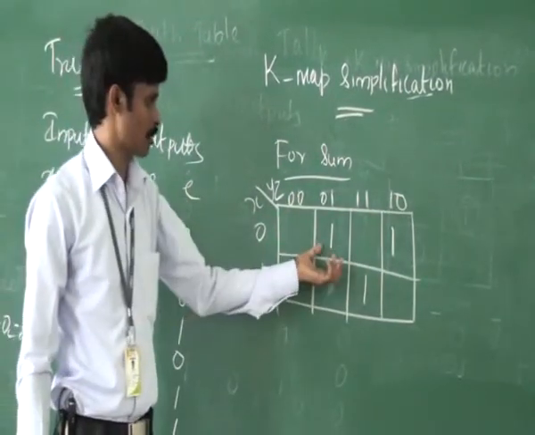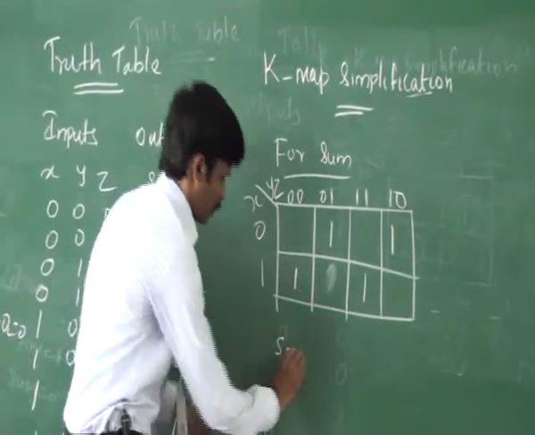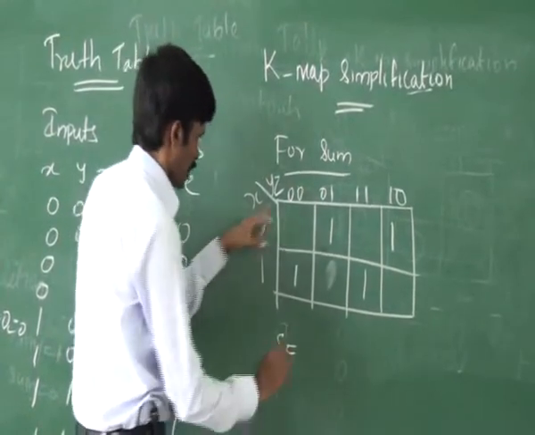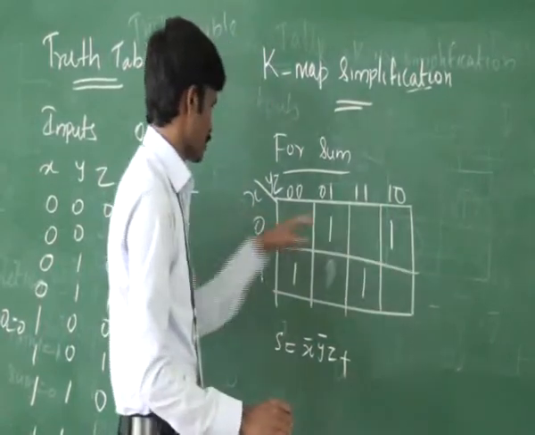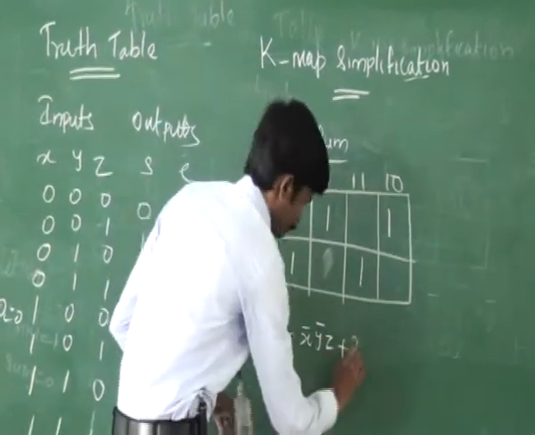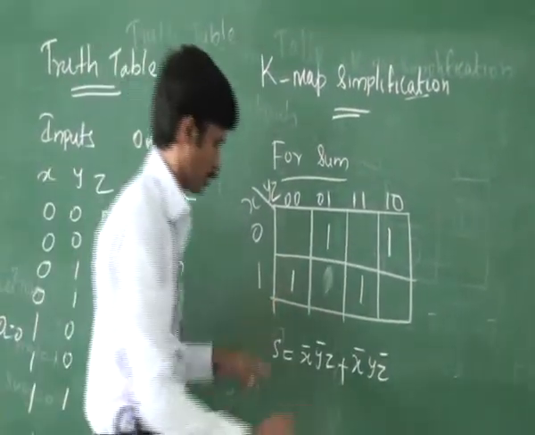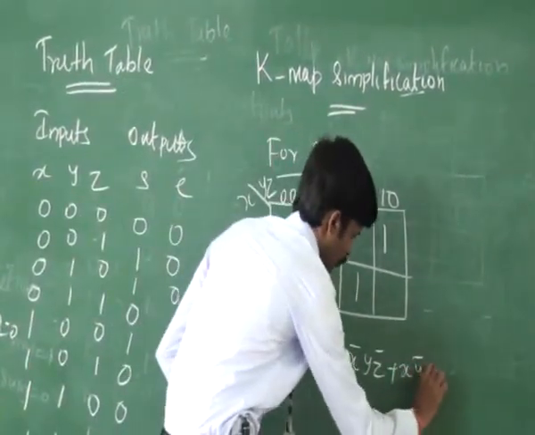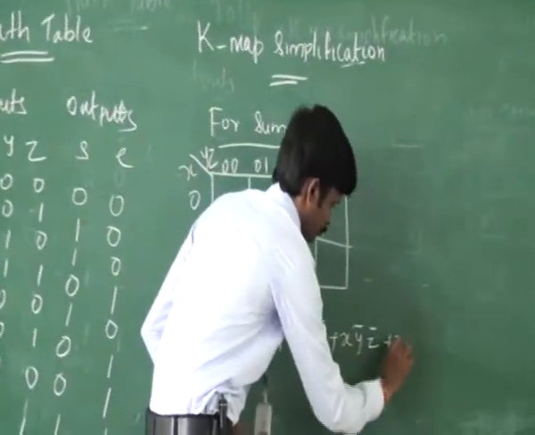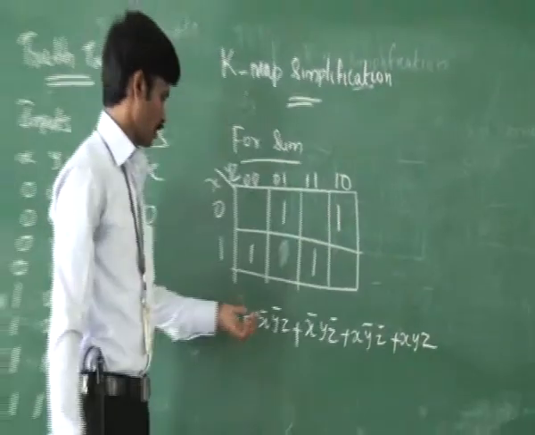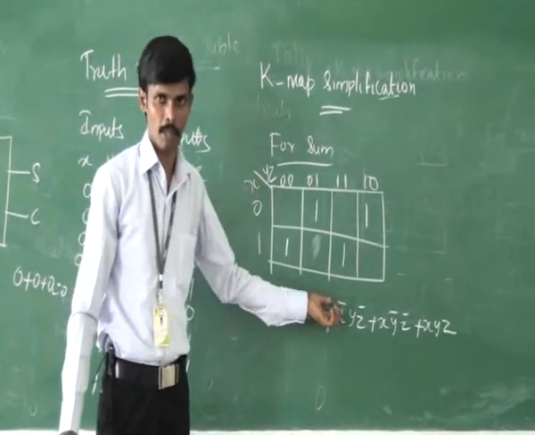Then from this K-map we can find the Boolean expression for sum. Then the sum expression will be, this one represents x bar y bar z, plus this one represents x bar y z bar, then this one represents x y bar z bar, then this one represents x y z. Here the sum expression is expressed in terms of sum of products.